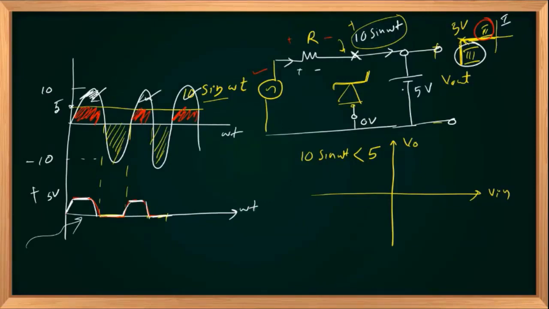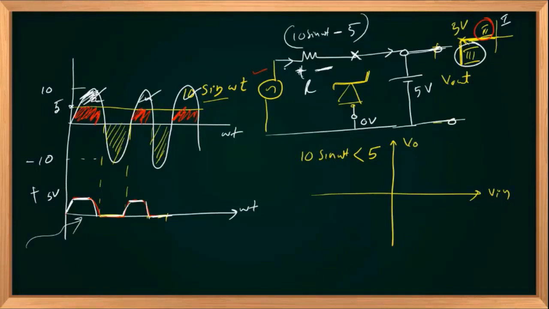And if it is in breakdown mode, you are applying 10 sin omega t and you are getting only 5 volts here. And the remaining voltage, 10 sin omega t minus 5, will be dropping across the resistance R in this polarity during this region if V in is greater than 5.